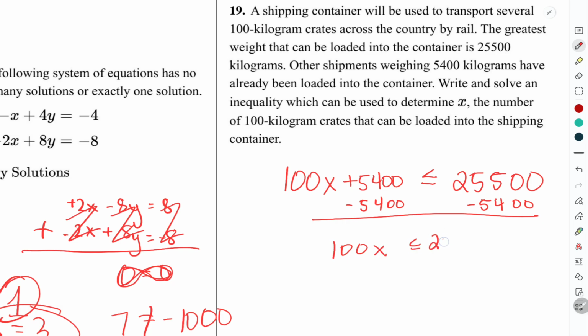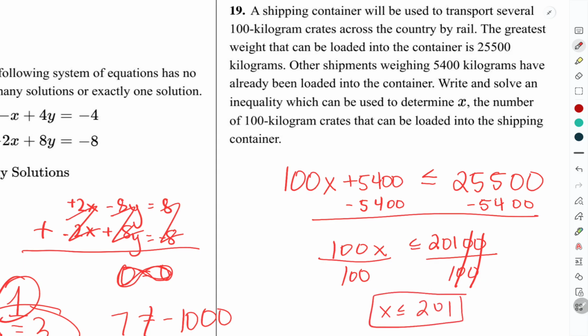Looks like 20,100 divide by 100. Cool trick, just FYI, is you can just cross out all the zeros and you get x is less than or equal to 201. That means 201 more crates can go onto this ship, but no more than that.